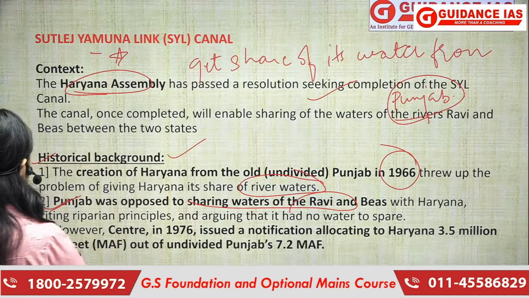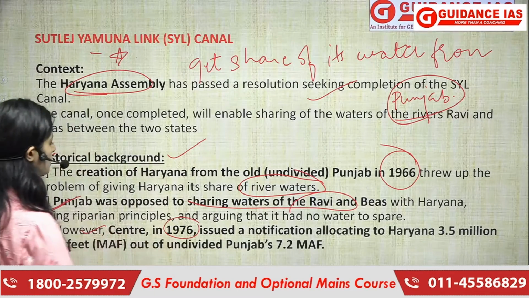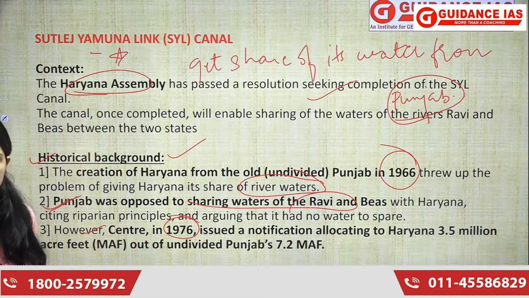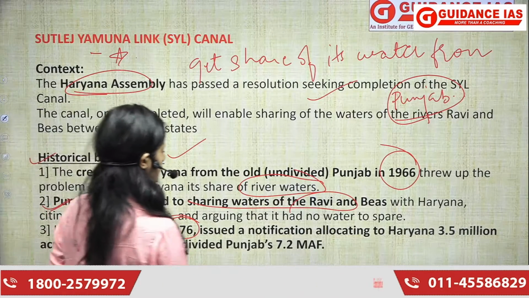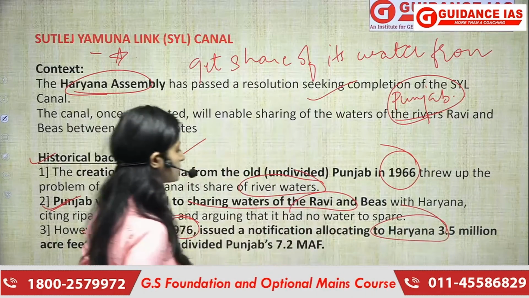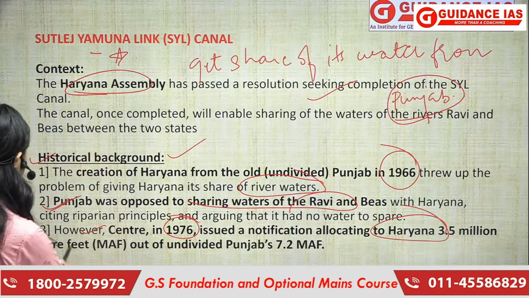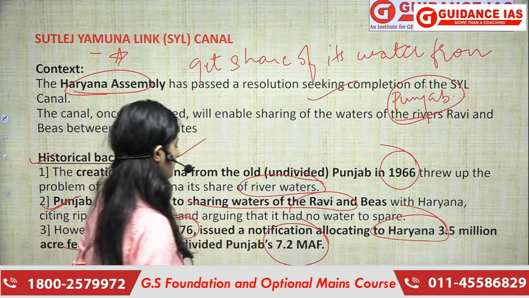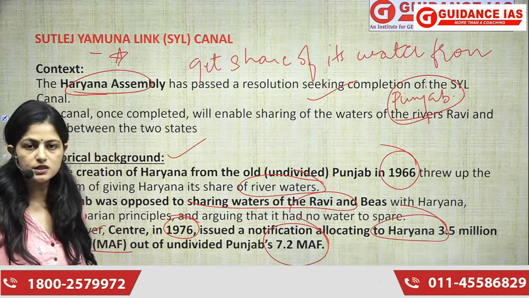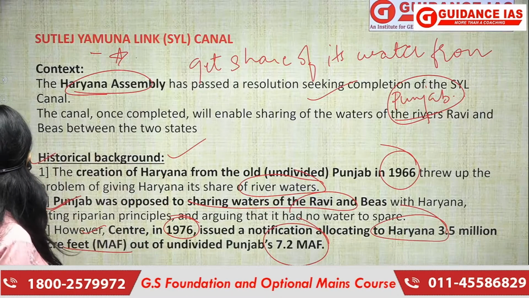However, in 1976 the center issued a notification allocating Haryana 3.5 million acre feet out of the undivided Punjab's total water share, which was 7.2 MAF.